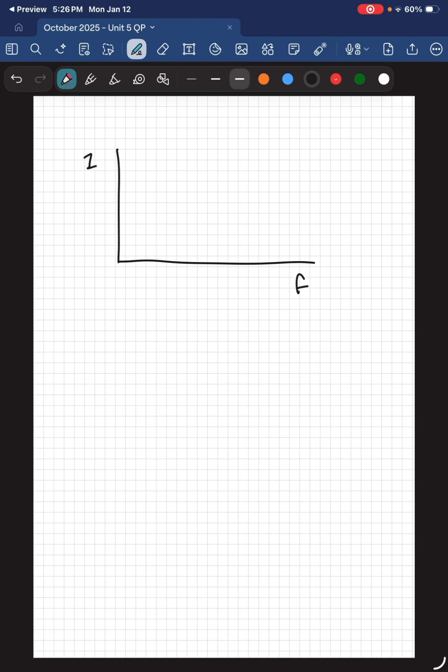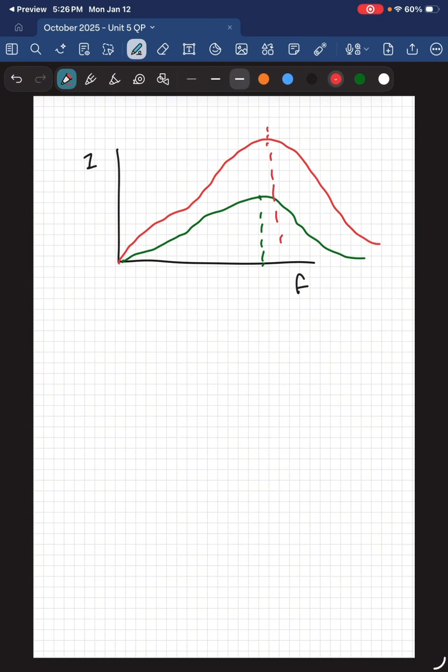Then P should look like this, and Q should look like this. Lower frequency means higher wavelength, higher frequency means lower wavelength. So P will be this one and Q will be this one.